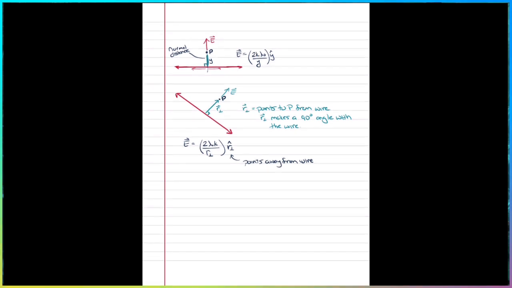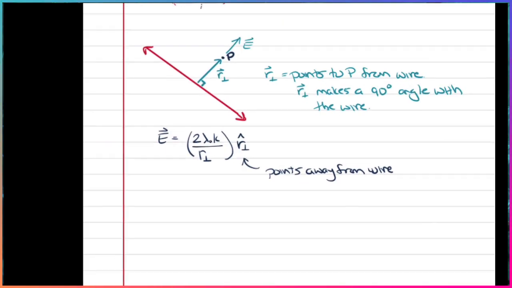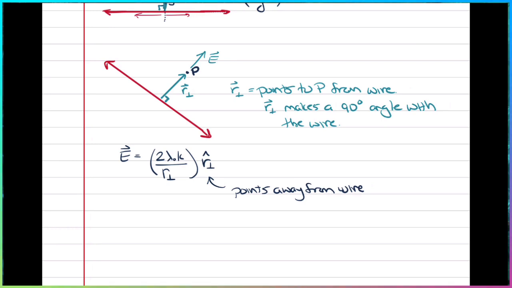You just have to remember what these symbols stand for: this is the perpendicular distance from the wire, and this points away from the wire. We'll see this again when we do the infinite sheet, where the electric field is going to point away from the sheet. So it's this perpendicular distance that might play a role. Turns out it does not, but that at least helps us get the direction. Okay, sorry, I forgot to say that earlier.